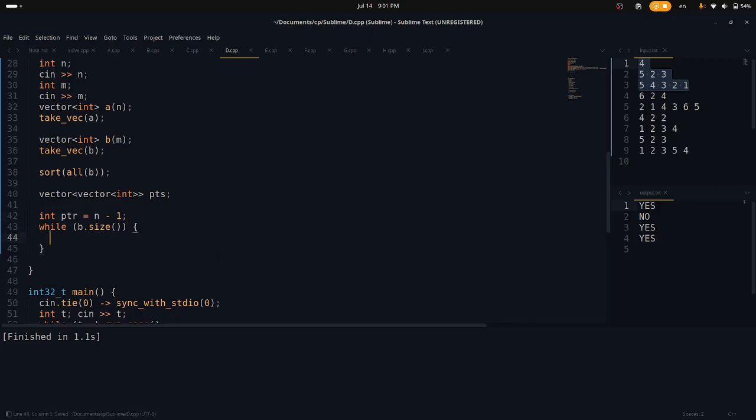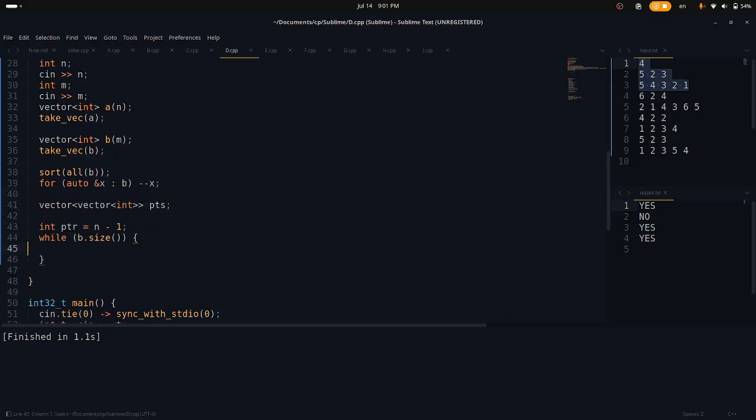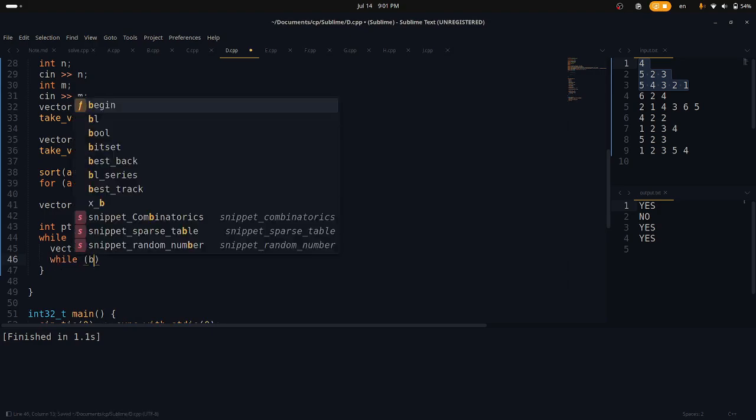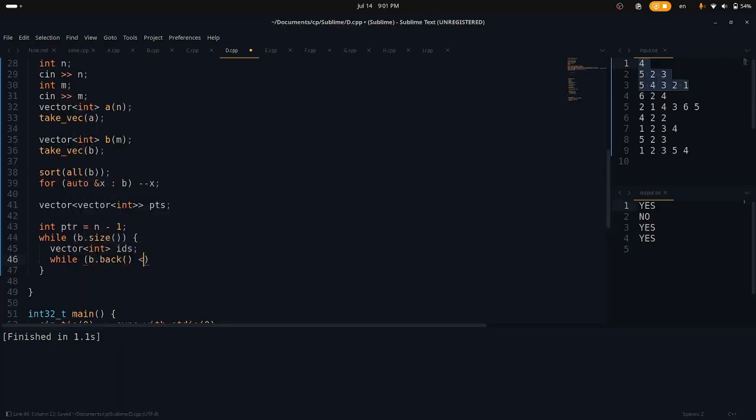So like if, like IDs, while b dot back is still less than or equal to ptr, we'll just do this IDs dot pushback, ptr minus minus and then b dot pop back, right?